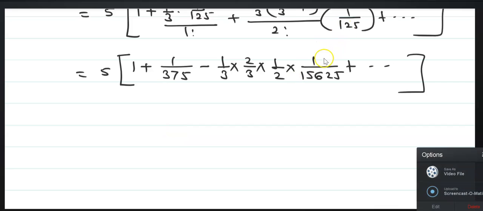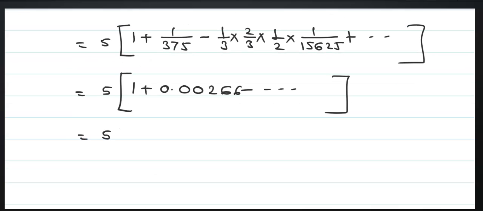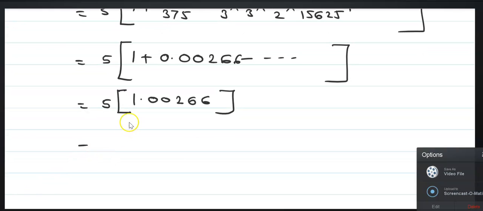That is equal to 1 upon 15,625. This many calculations you have to perform. That is 1 plus 0.00266, and if we add it, then we will get this term. That is 5 in bracket 1.00266.